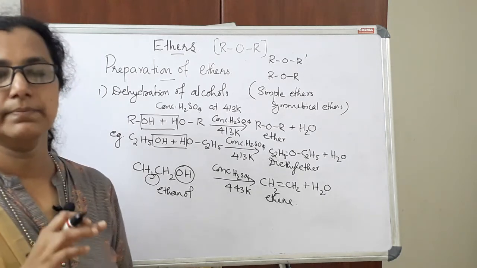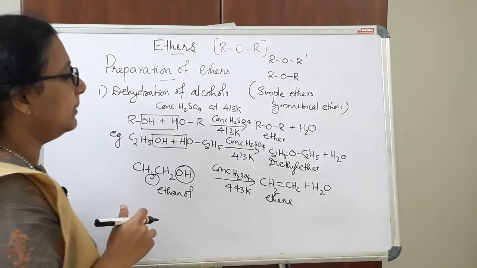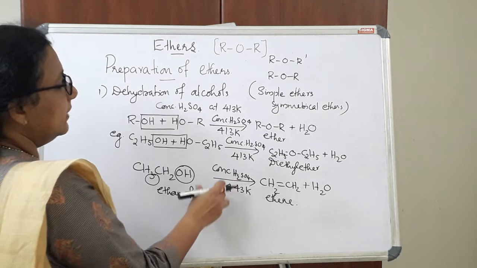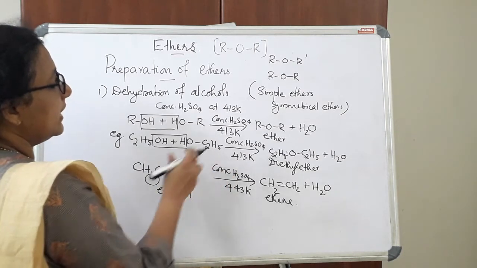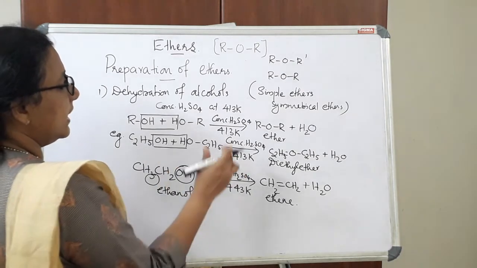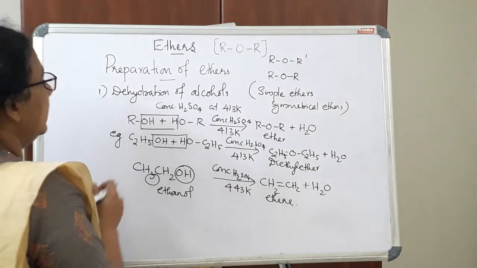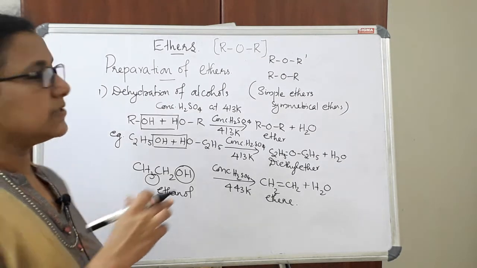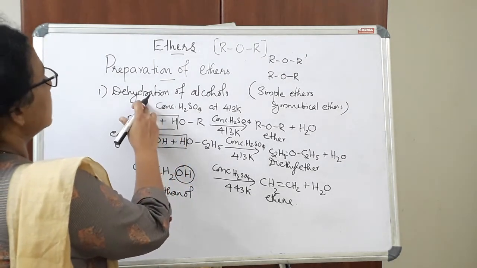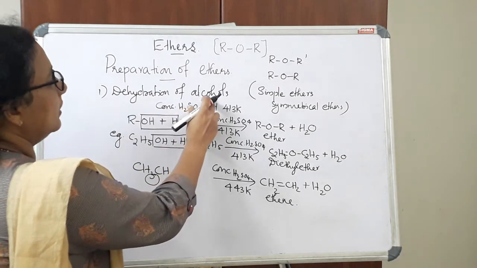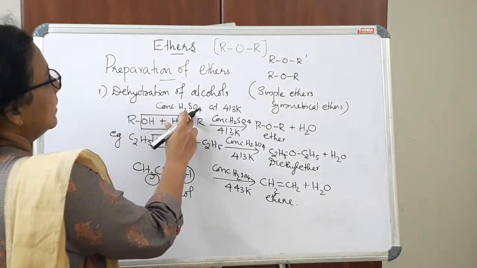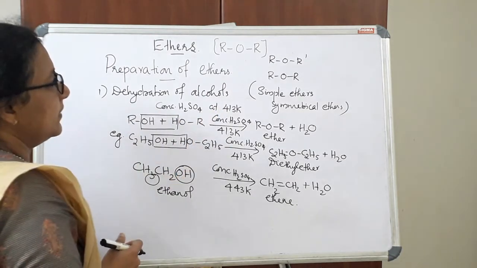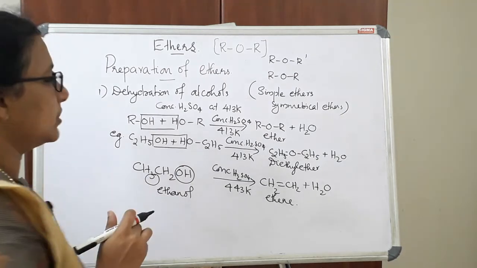Dehydration of alcohol takes place in both the cases, but the product is different. That is the difference in the reaction conditions, 413 Kelvin and 443 Kelvin. So for the preparation of simple ethers, we can use this method, dehydration of alcohols, in presence of concentrated H2SO4 at 413 Kelvin. This is the first method for the preparation of ethers.